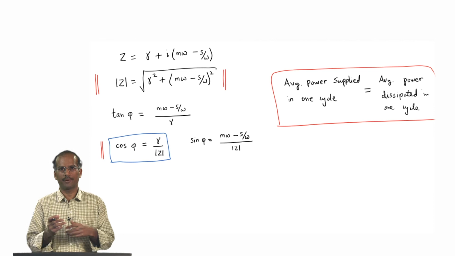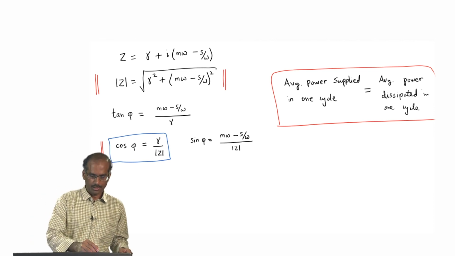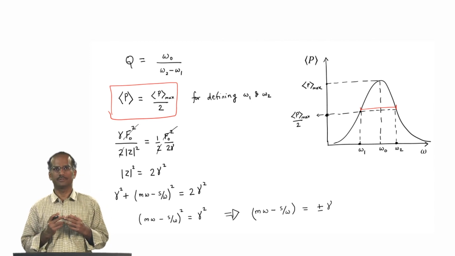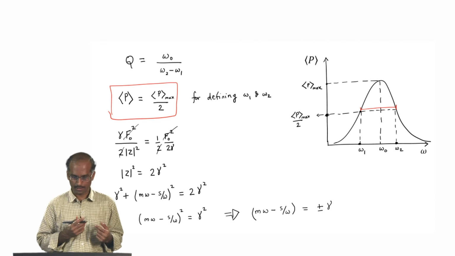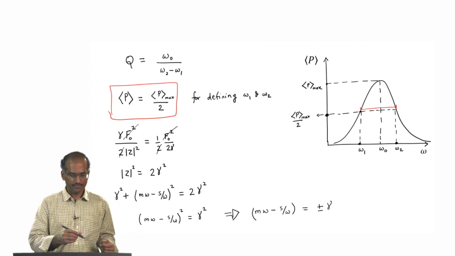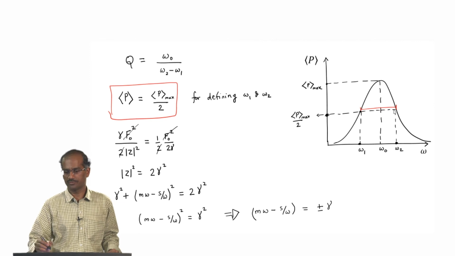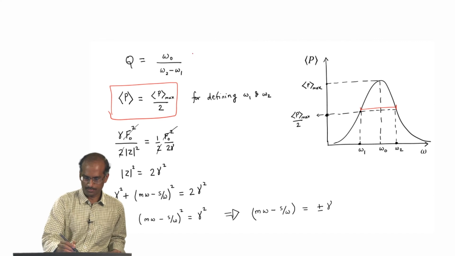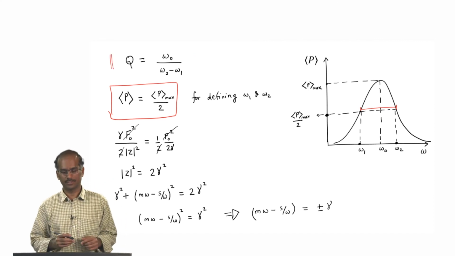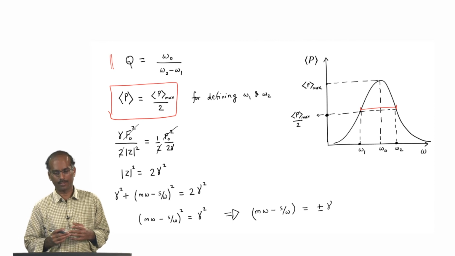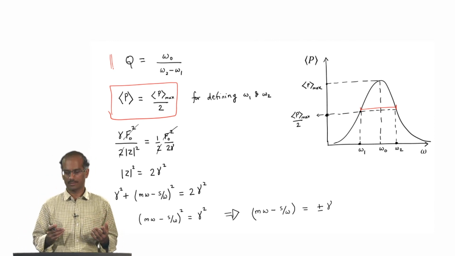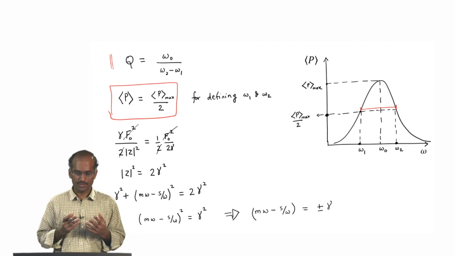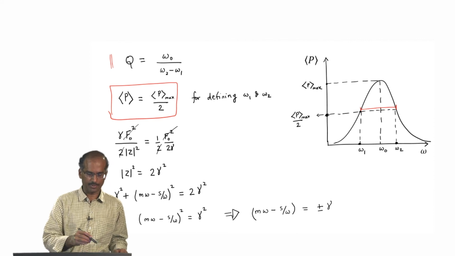Effectively, it does not store the power for future use, and we were able to show that the Q value, which we already saw in an earlier module, can now be defined in terms of the width of this resonance curve, and Q value is equal to omega 0 by omega 2 minus omega 1, where omega 2 and omega 1 correspond to two values of driving frequencies at which the average power supplied is half the peak value.